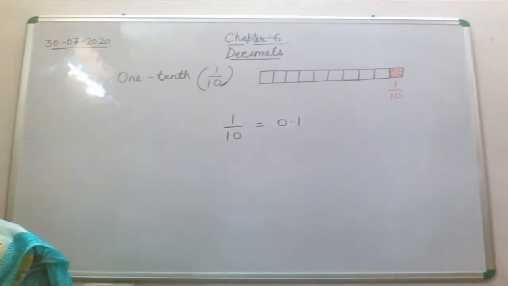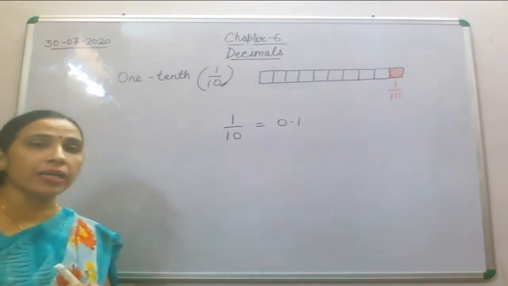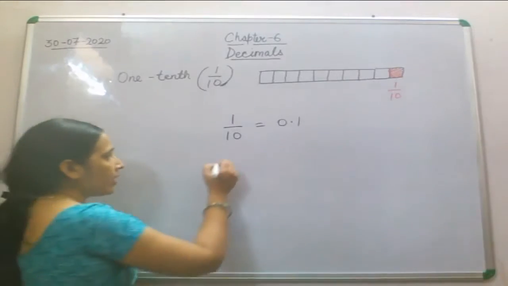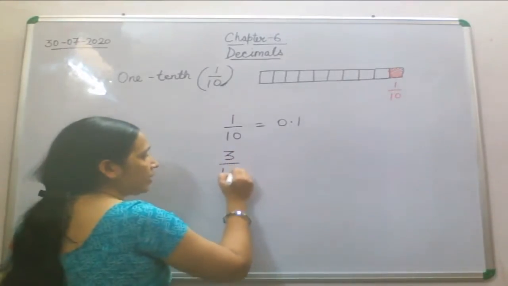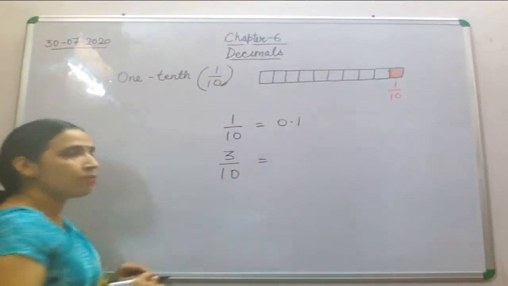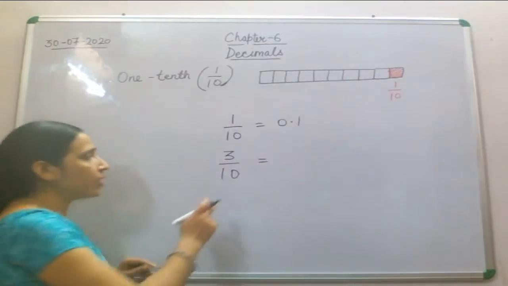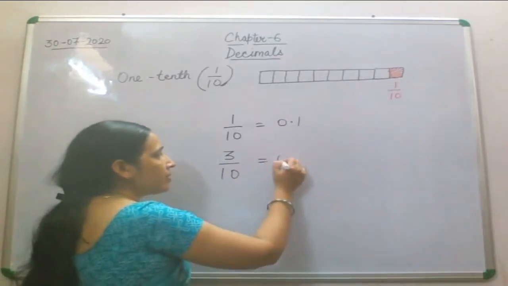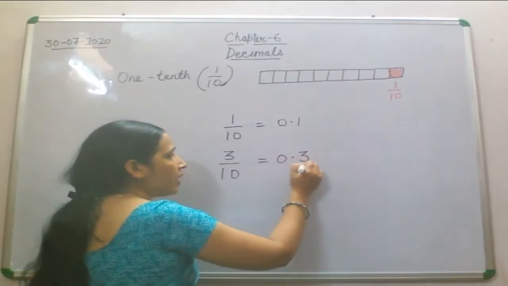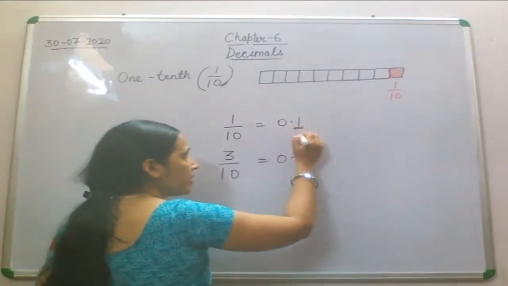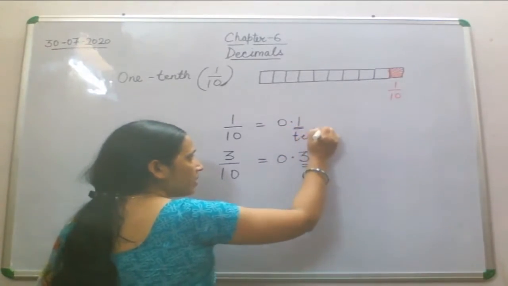Now the dot on the left of the one's place will be the decimal point. Similarly you can write any fraction. I'll give you 3/10. What will be the decimal for this? We count from here, 0.3. Now remember, this place is the tenths place.